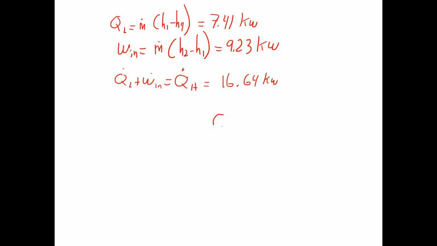And then, of course, the coefficient of performance for a refrigerator is going to be the heat absorbed from the cold space divided by the work in, and this refrigerator would have a coefficient of performance of 4.06.